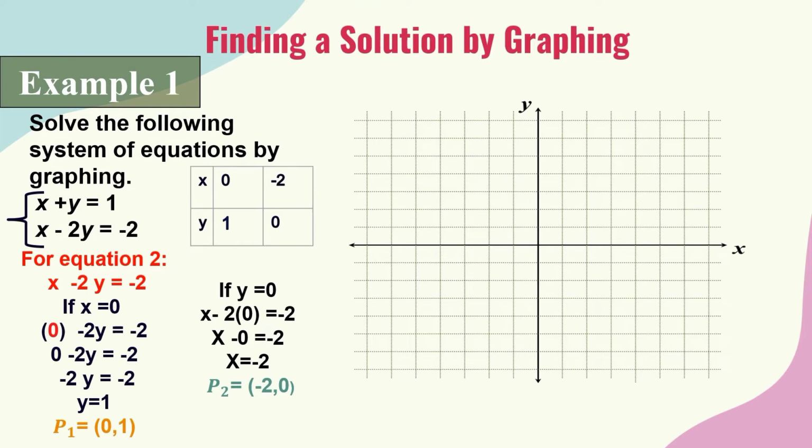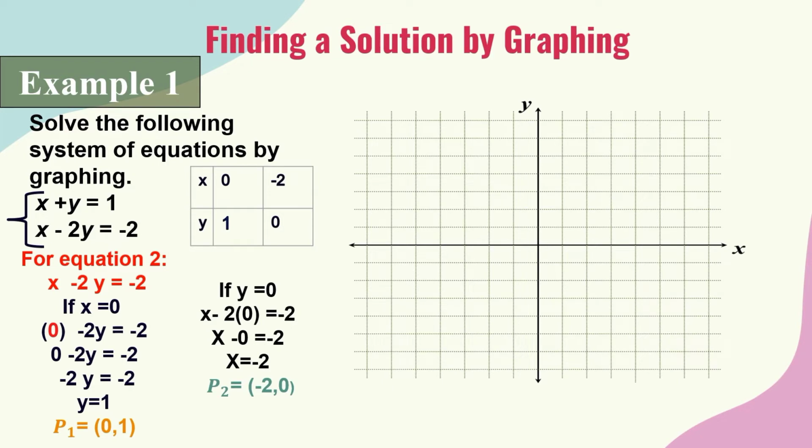So if x is 0, y is 1, and our first point for the second equation is (0, 1). If y is 0, by substitution, x minus 2 times 0 equals negative 2. x minus 0 equals negative 2 and x is equal to negative 2. So our second point for equation 2 is (negative 2, 0).